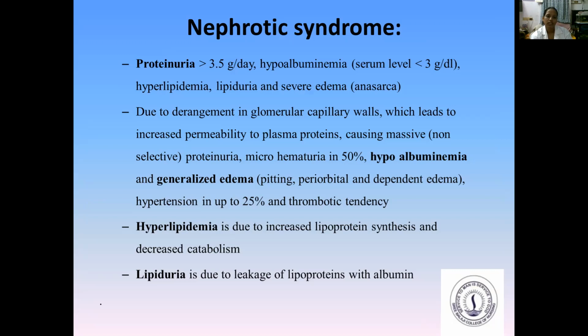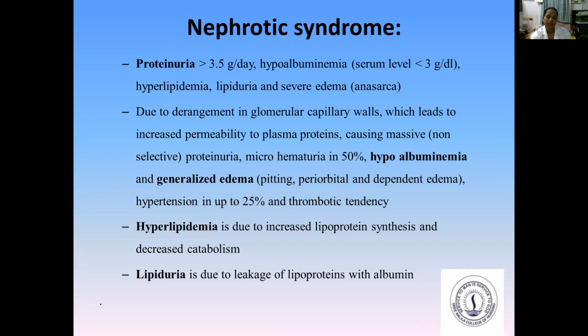So due to derangement in the glomerular capillary walls, which leads to increased permeability to plasma proteins, causing massive proteinuria, microhematuria in 50%, hypoalbuminemia, and generalized edema. That edema will be a pitting type in the periorbital and dependent areas.